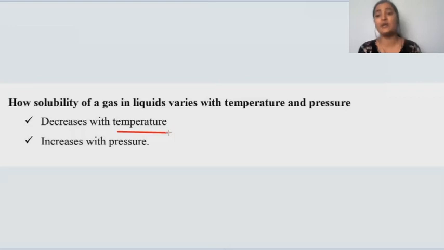As the temperature rises, the gaseous solute particles get converted into the vapor phase. Then the solubility is getting decreased.